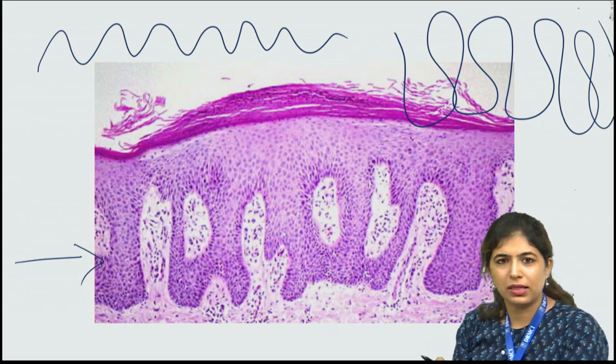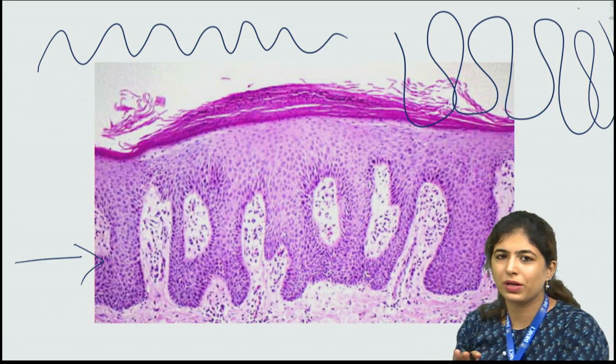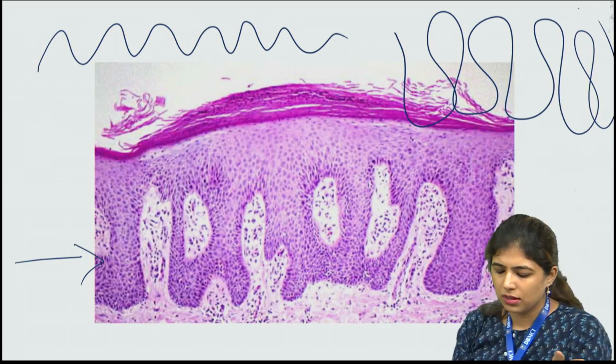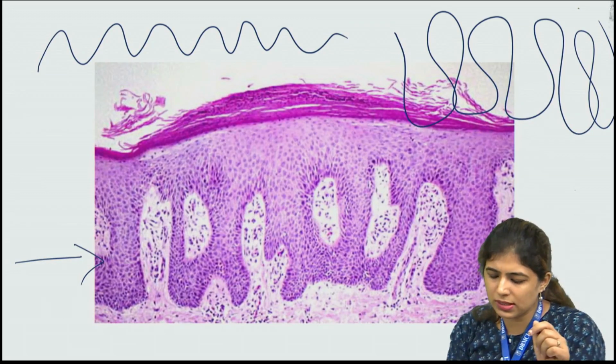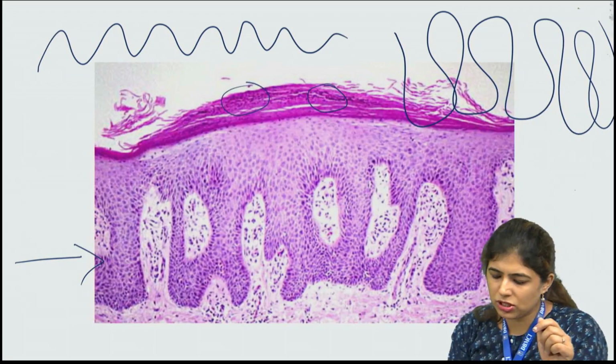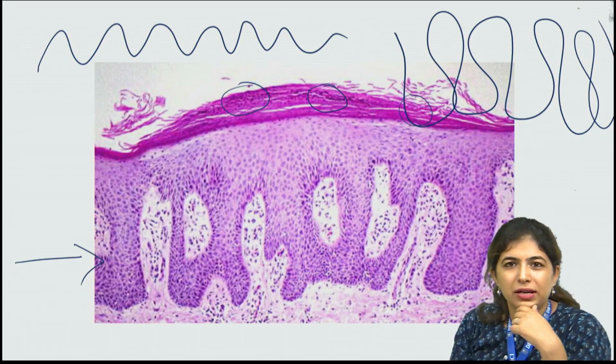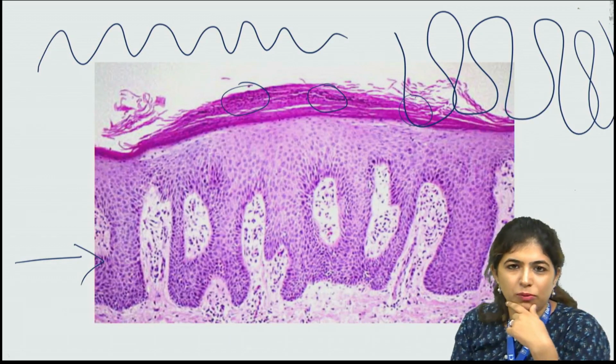Such an image in the exam, you cannot go wrong if you identify these classic points. Broadening and enlargement of rete. Other thing that you notice is this purplish color in the stratum corneum. These are your parakeratotic cells, nucleated keratinocytes in the stratum corneum.